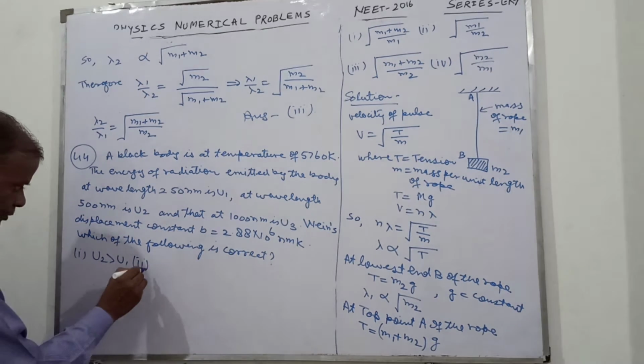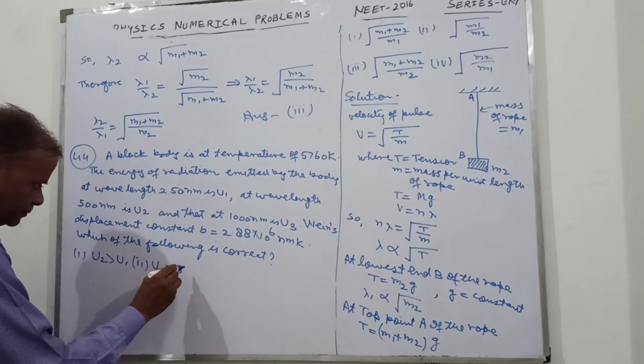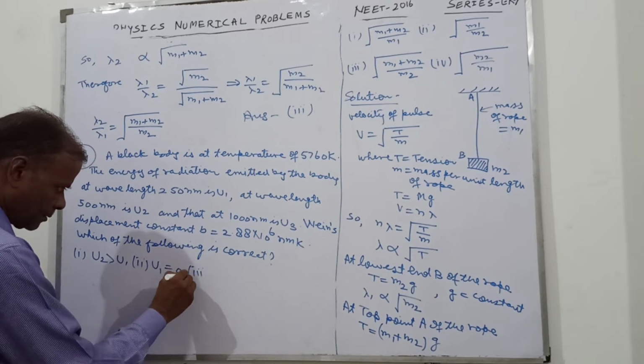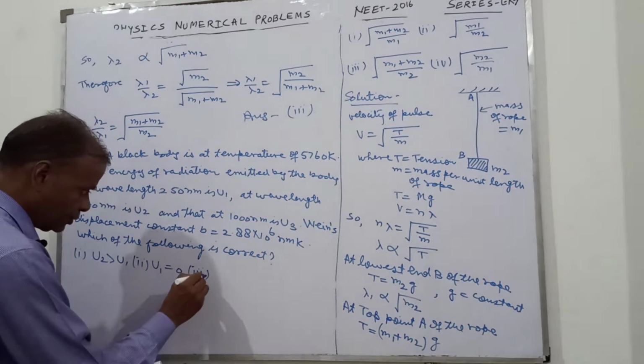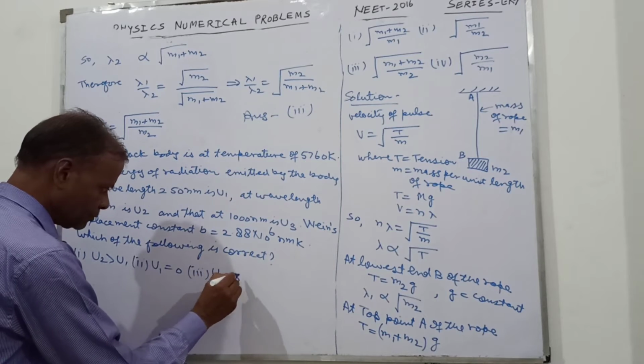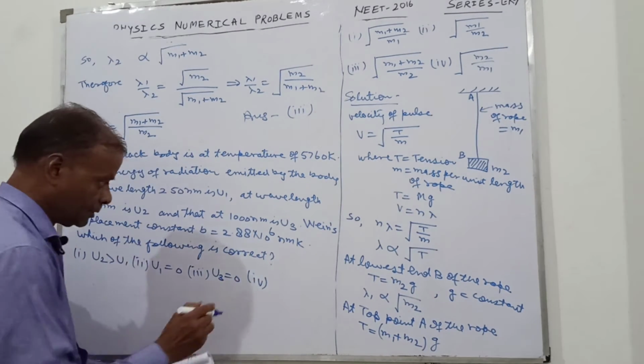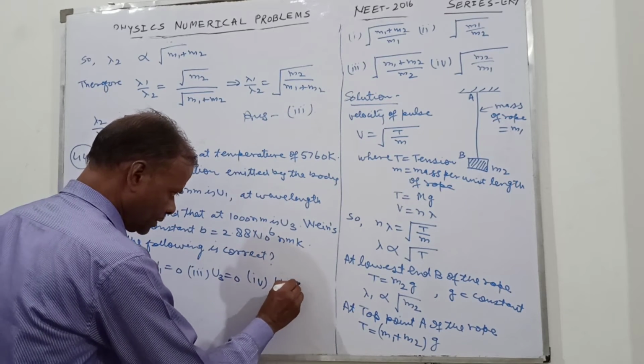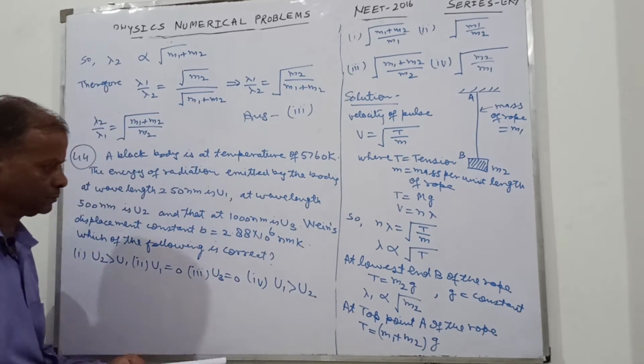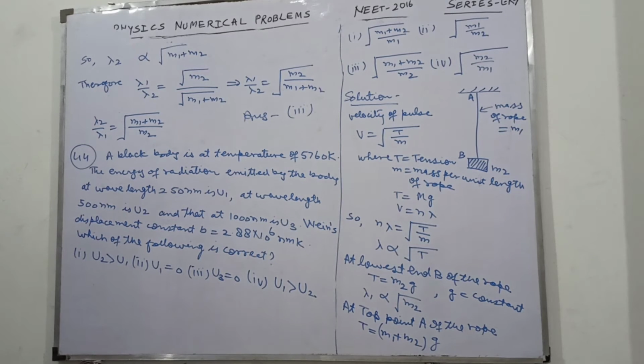Second is u1 equal to 0. Third is u3 equal to 0. And fourth is u1 greater than u2. This is given to us.